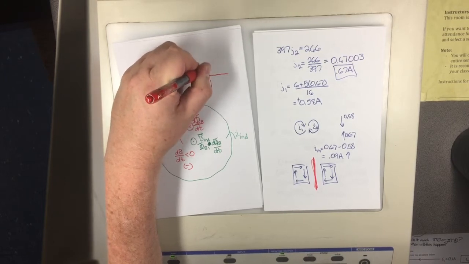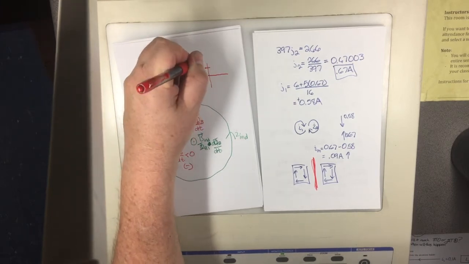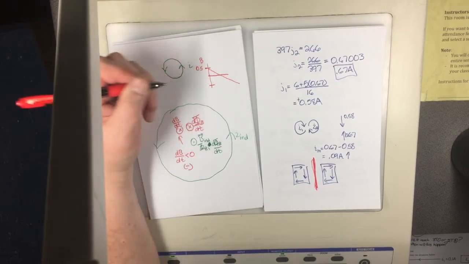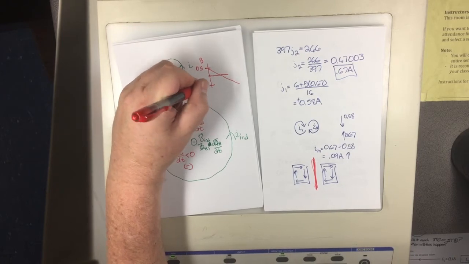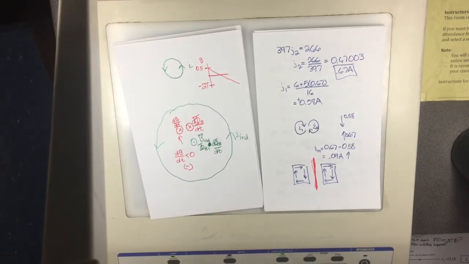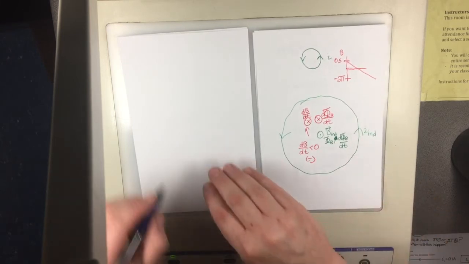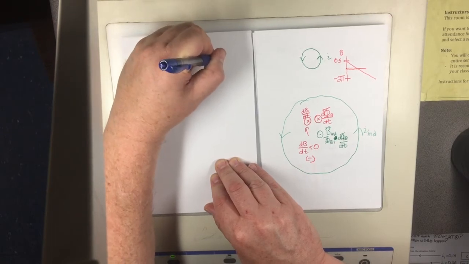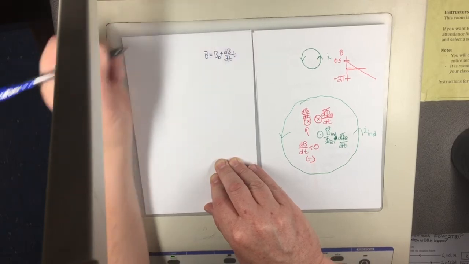So what happens is it's 0.5 for the B field. The slope is negative, which means it's not going to reach 3 Tesla. It will reach negative 2 Tesla or 2 Tesla into the page. Now let's get some equations set up. B final is equal to B naught plus dB dt times time.